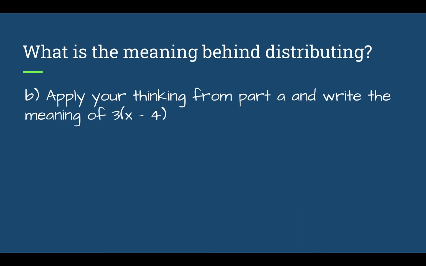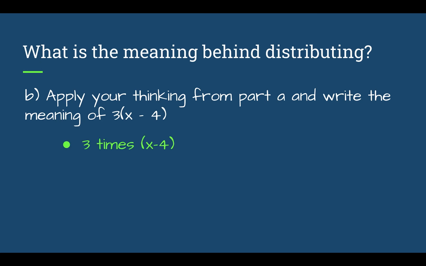All right, next part. Using our same thinking from the part we just did, what would the meaning behind 3 parentheses x minus 4 be? Pause the video and write down as many things as you can think of. All right, hopefully you had a chance to write some stuff down.